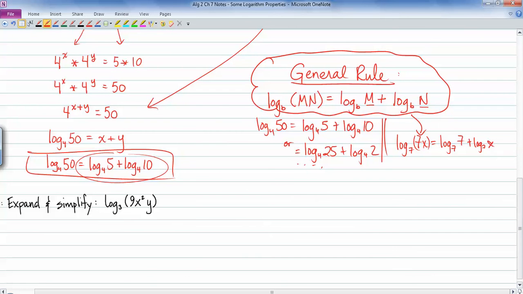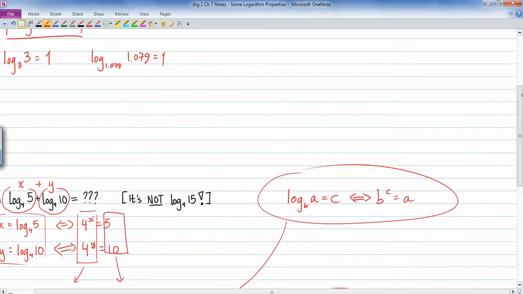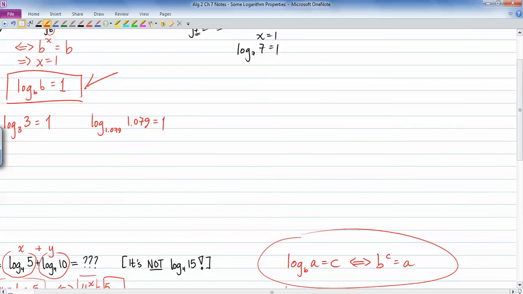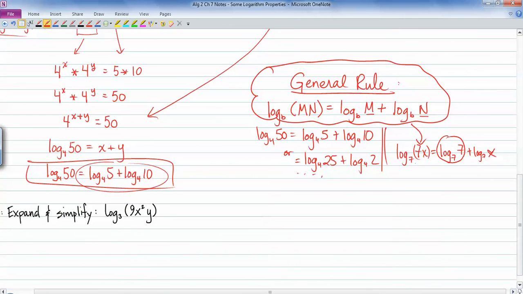We just figured out that log base b of b always equals 1. So that first term is 1 plus log base 7 of x. So really, if I had this, you could turn it into that instead.